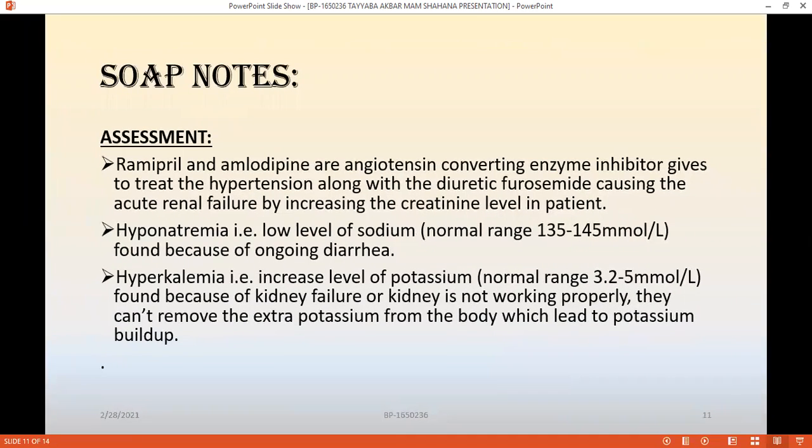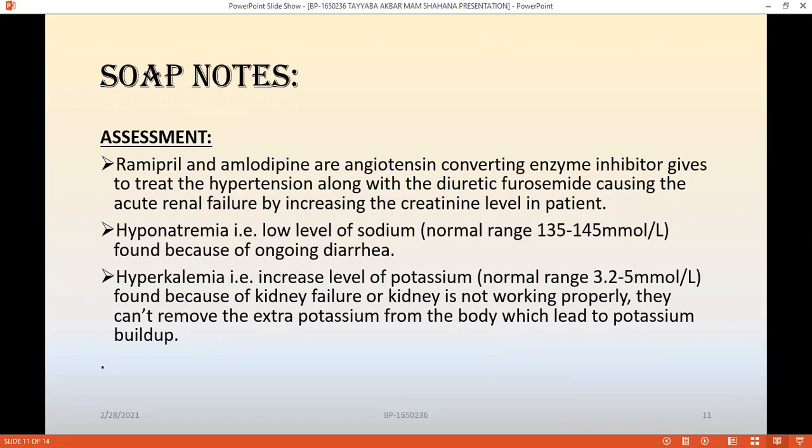In the assessment, the patient is utilizing angiotensin converting enzyme inhibitors, ramipril and amlodipine, to treat hypertension on a daily basis, which will cause kidney damage by increasing the creatinine level as mentioned in the lab test.